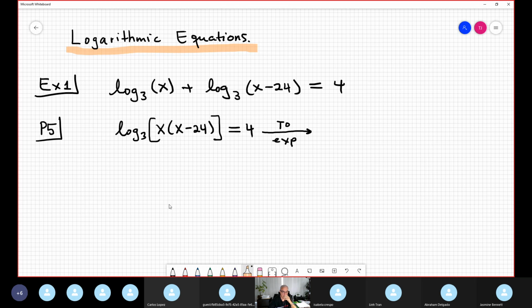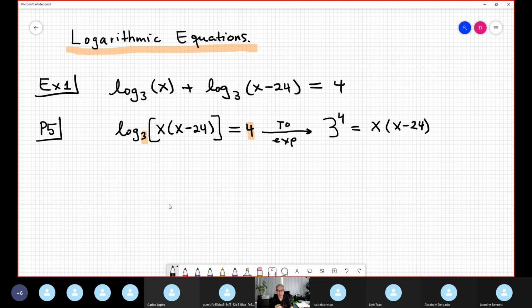That number is the base, and you put a big 3 in the exponential statement. What is the exponent? The answer for the logarithm is 4. That 4 represents the exponent. It's equal to the rest of the equation, that is x times x minus 24. Do you understand very well how we convert a logarithmic statement to an exponential statement? No problem.